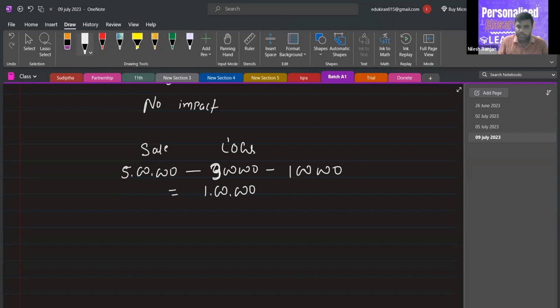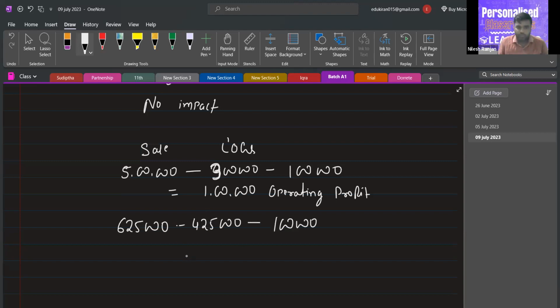This is in the past. Now the situation changed. Our sale increased by 1,25,000, so it becomes 6,25,000. Our cost of goods sold increased by 1,25,000, so it becomes 4,25,000. And there is no change in operating expenses, so it is 1 lakh. Now the profit remains the same. Yes or no?